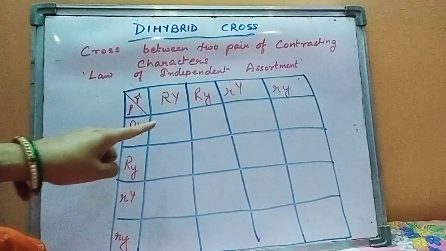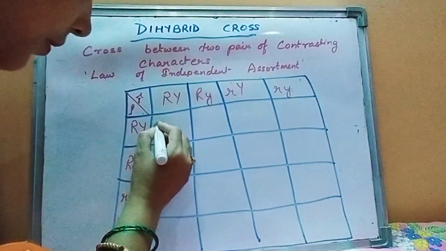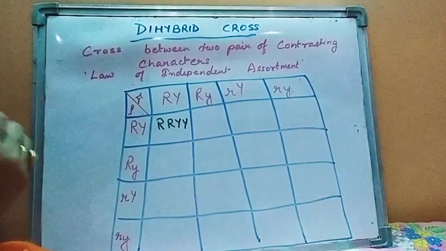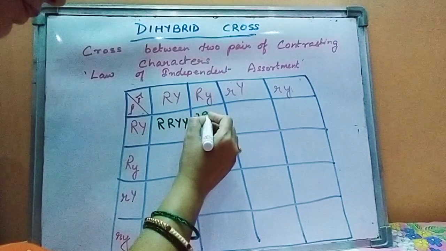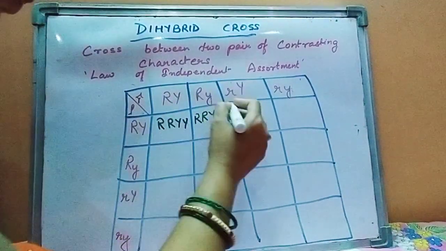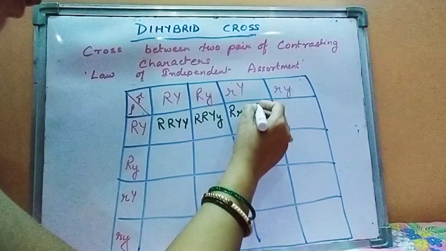So capital RY, capital RY. In this way you have to write capital R, capital R, means capital should be first. Then here these two, capital R, capital Y, small y. Then these two, capital R, small r, capital Y, small y.